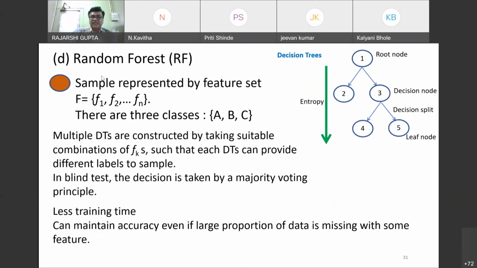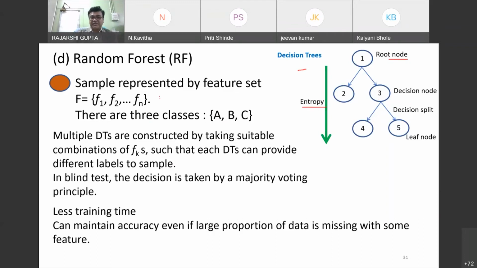The last one is the random forest classifier, where the basic unit is the decision tree, where this is the root node, and we can have a progressive classification, and at each level there are, I think you know, entropy, information gain, leaf node and all these things. So at each level we can have a split of decision.